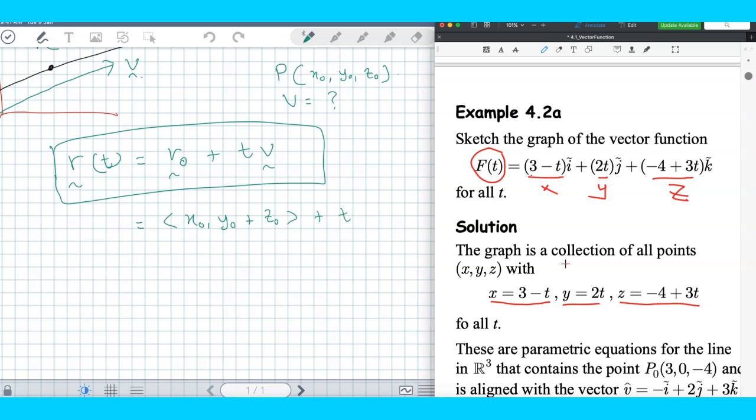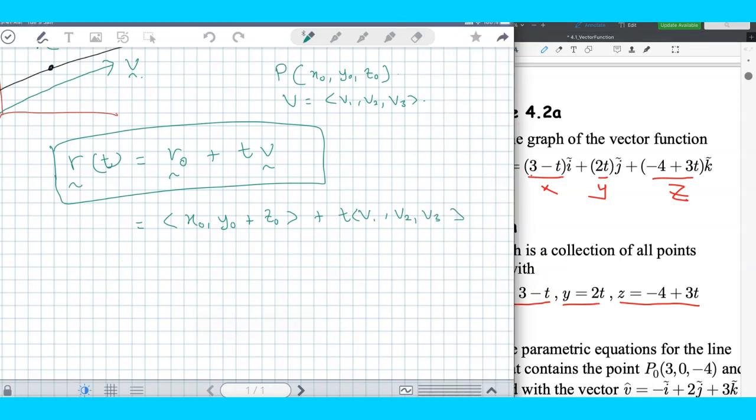Let's say I put v in general as v1, v2, v3 for the components. This is supposed to be a vector. Now we total them up in general form: x naught plus t v1, y naught plus t v2, z naught plus t v3. In this case, our r is actually f.